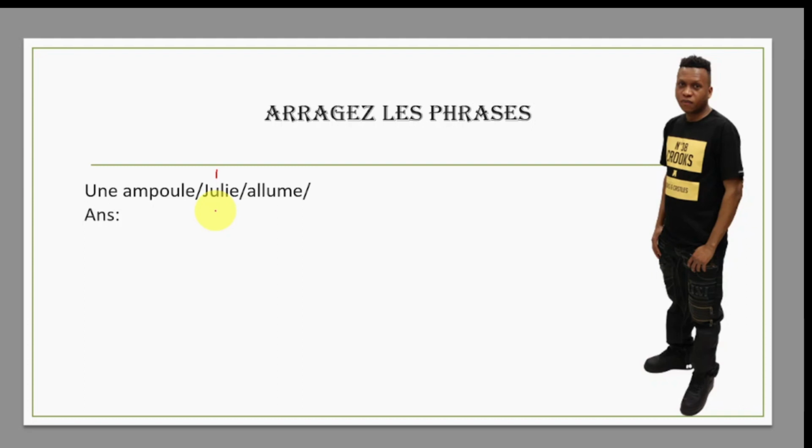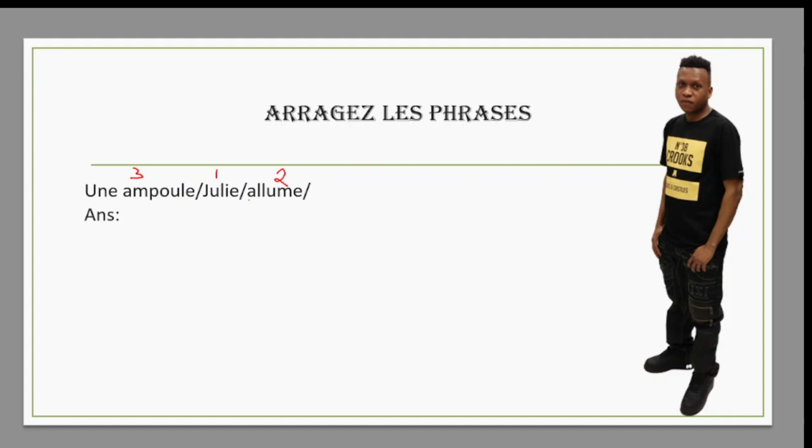Gili is a sujet. So always look at the verbe. The second one is a verb, allumer. The last one is this, une ampoule. So it's going to be Julie allumait une ampoule. So, we're going to fix it. Put the right answer.